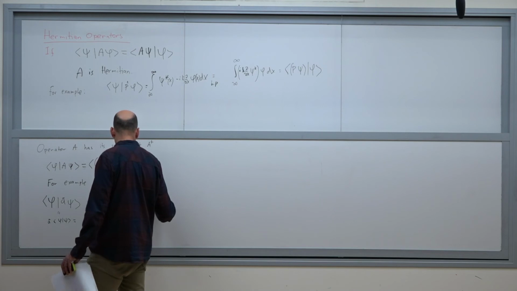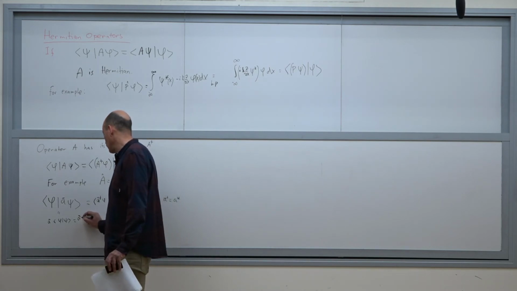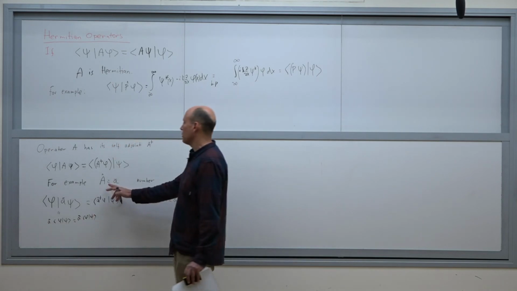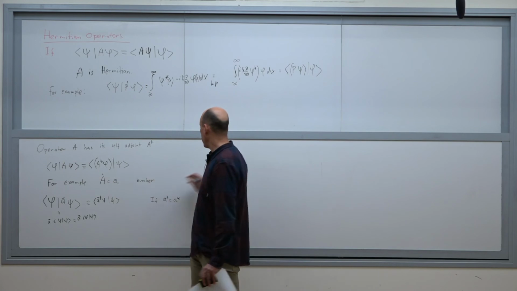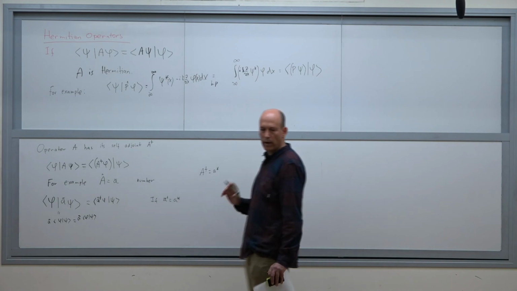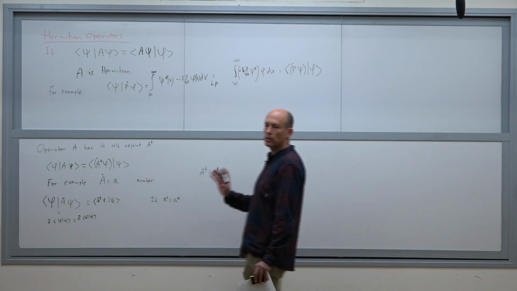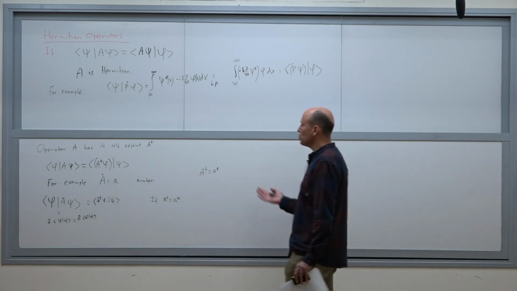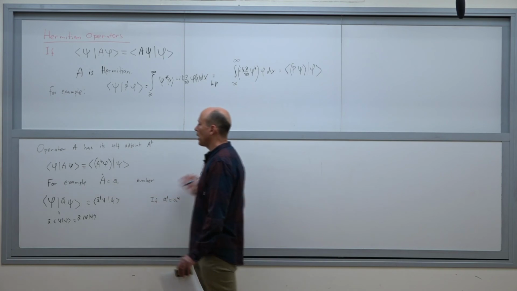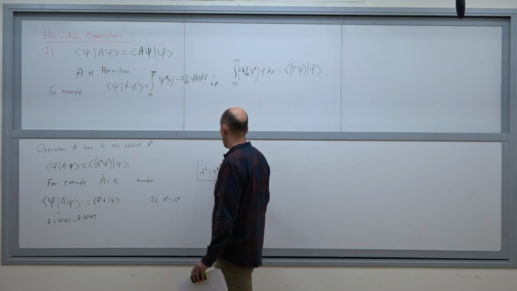So A dagger is simply a star, the complex conjugate of this will give you the same thing. So this means that A dagger is simply A star. If A is a real number, then A dagger is equal A. If this number is complex, then the complex conjugate is the self-adjoint operator of A. So in this example, it's trivial.